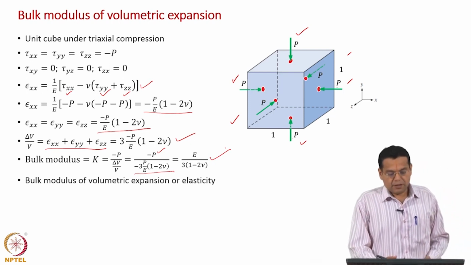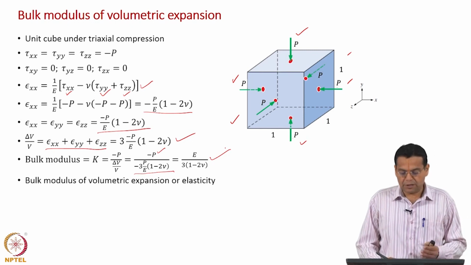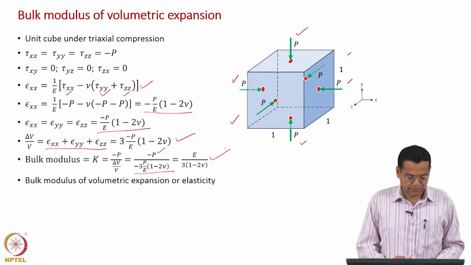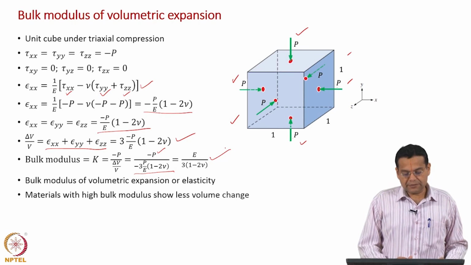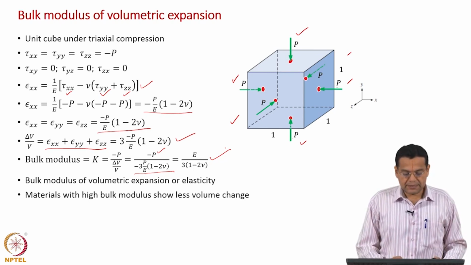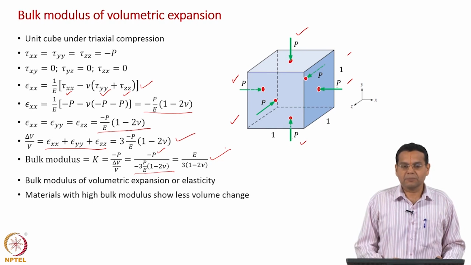And what is the more formal name? Bulk modulus of volumetric expansion or elasticity, if you want a more formal name for K. And what is the significance if K is very large? For the same stress the volume change will be very less, like our Young's modulus and shear modulus also. What did we say?